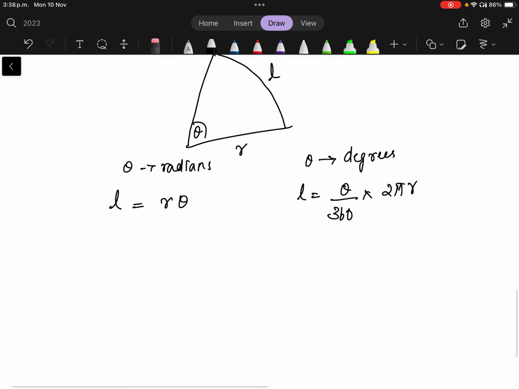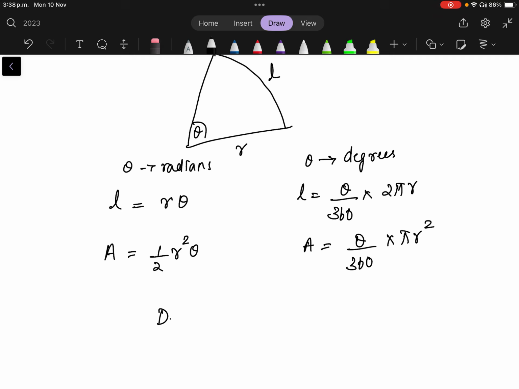Also, the area of the sector will be equal to half r squared theta if it is in radians, and it will be theta over 360 times pi r squared if it is in degrees. Definitely there will be questions on this, and also you need to understand how to convert from degrees to radians and radians to degrees.